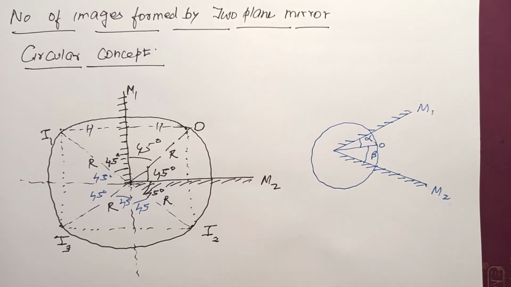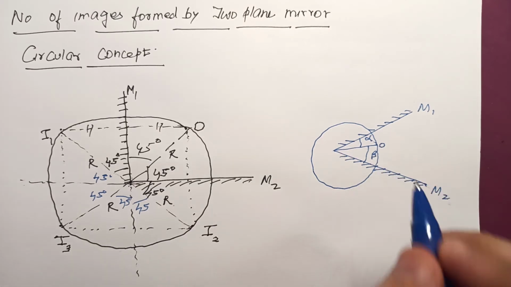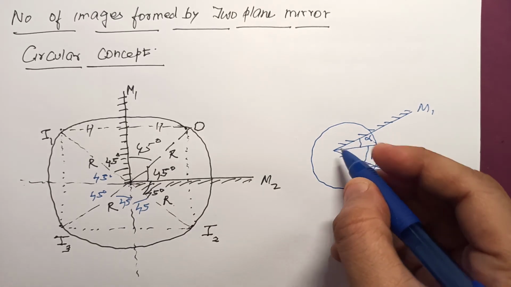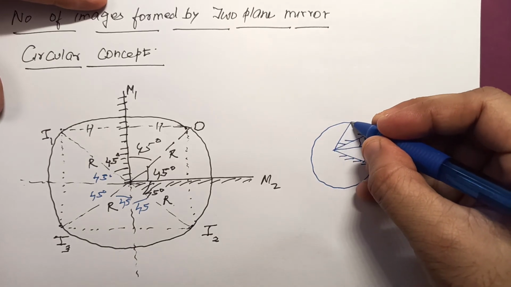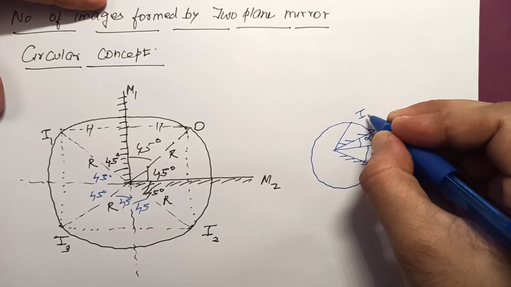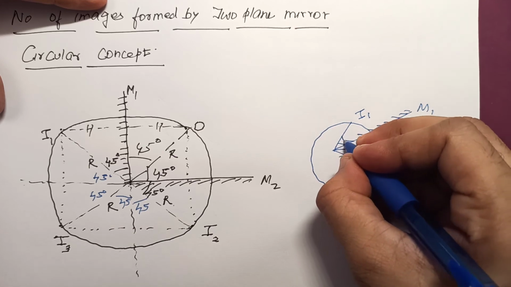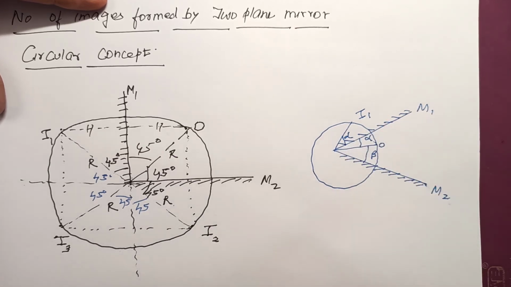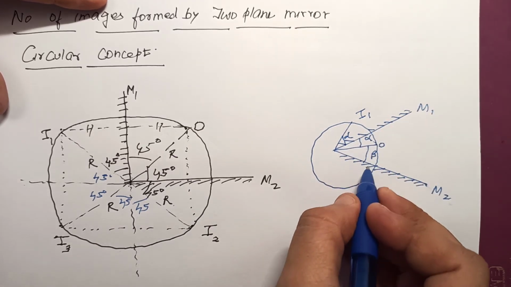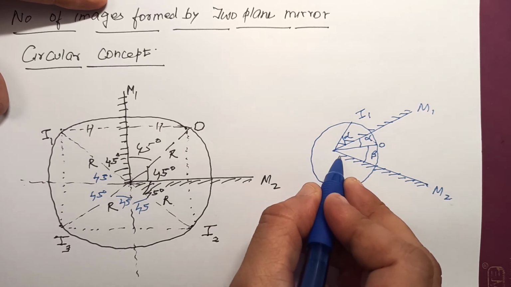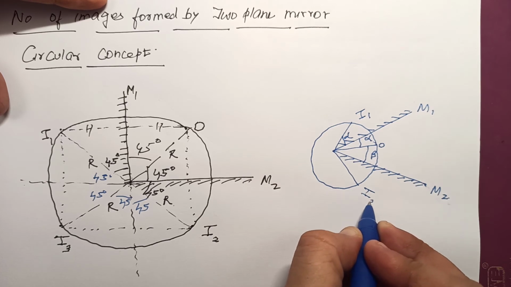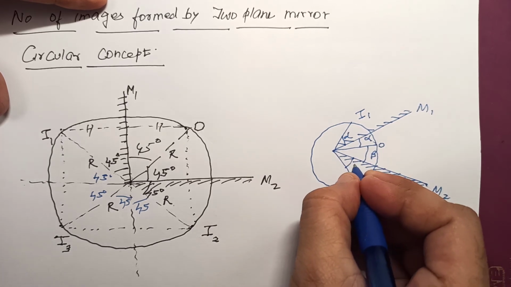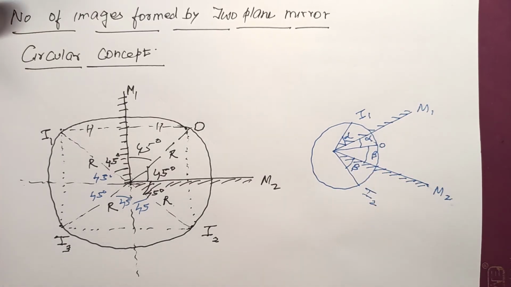Okay, so that is the first step. See, this angle is alpha, so the first image would be here at I1, which makes alpha, correct? Similarly here is beta, so the second image, let's say it is I2, this is beta. Okay.